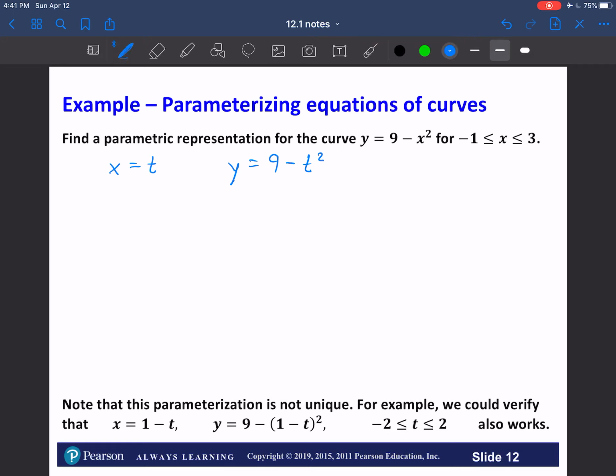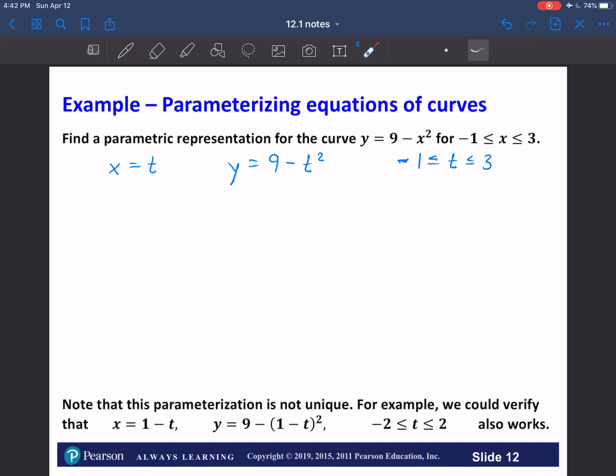We should include bounds for t. So since t varies from -1 to 3, since x varies from -1 to 3, t must vary between -1 and 3. And one of the things that's interesting about parametric equations is that there is not a unique representation for any curve using parametric equations.